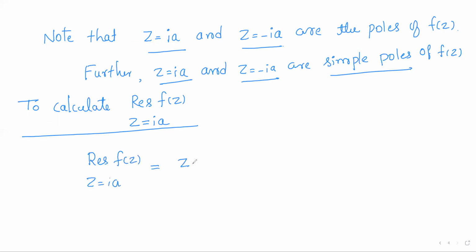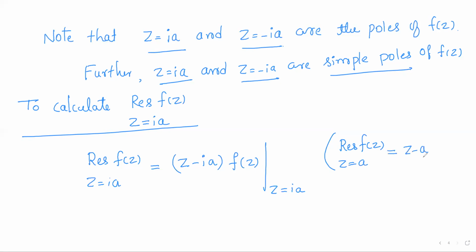It is z minus ia into f of z at z is equal to ia. Just recall the formula: the residue of an analytic function at a simple pole a is z minus a into f of z at z is equal to a. So using this formula, in place of a I have ia.